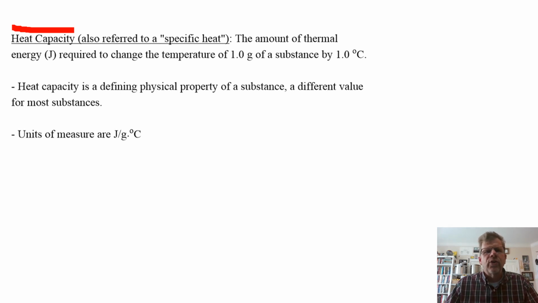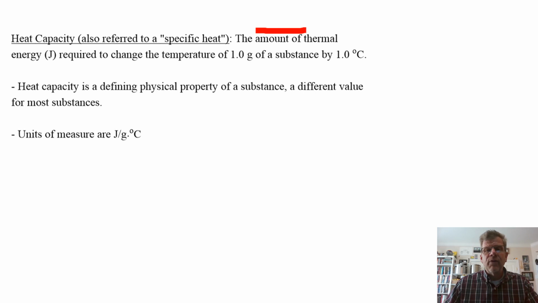It's also referred to as specific heat. It is almost always specific to a certain substance. Thus, it is a defining characteristic, perhaps, a physical property based upon what that pure substance is. And let's look at the definition now of heat capacity. And you'll find this very, very similar to something we've looked at before.